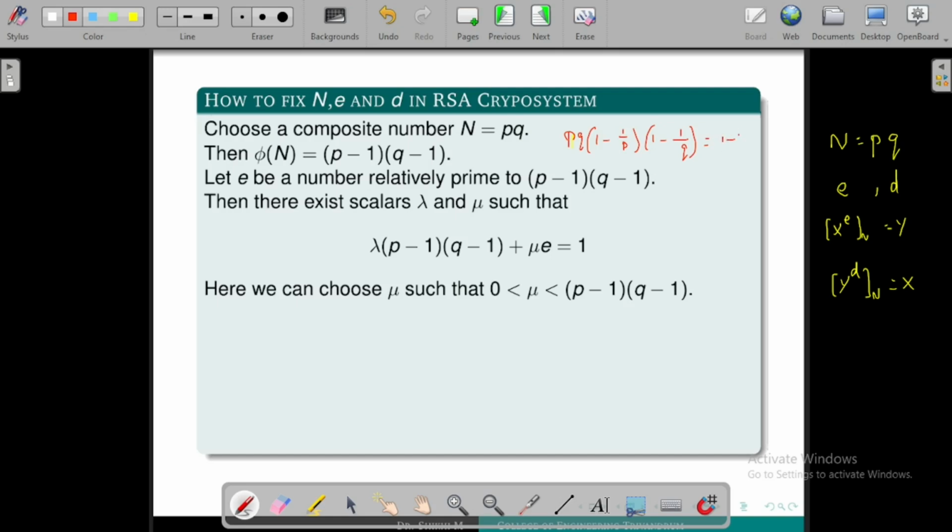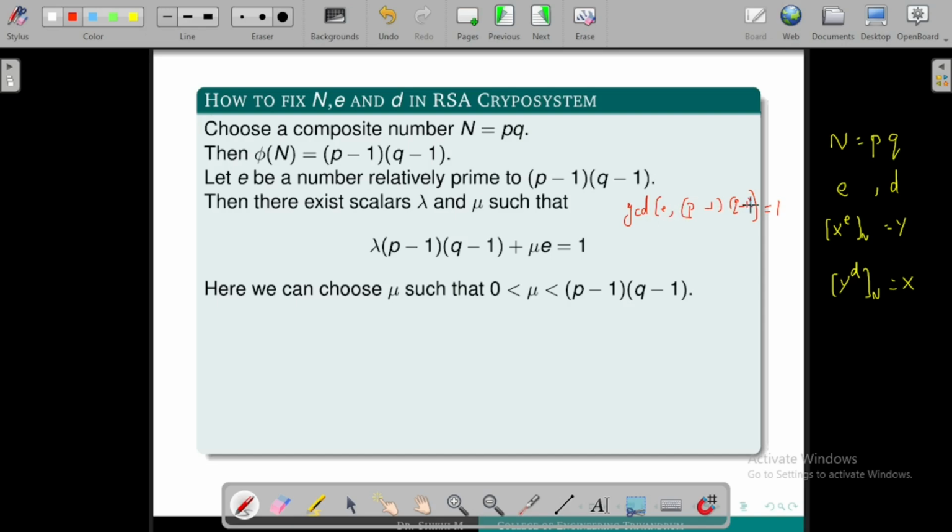That is (P-1)(Q-1). Now let E be a number relatively prime to (P-1)(Q-1). That is the way in which E is selected. E is a number relatively prime to this phi of N, so the GCD of E and (P-1)(Q-1) is 1.